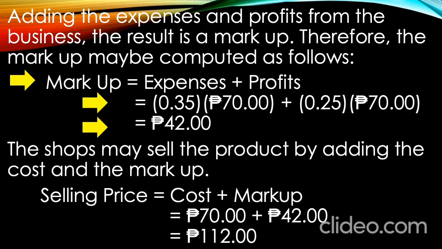The shops may sell the product by adding the cost, which is 70 pesos, and the markup using this formula: selling price equals cost plus markup. The cost is 70 and the markup is 42. Therefore, our selling price is 112 pesos.